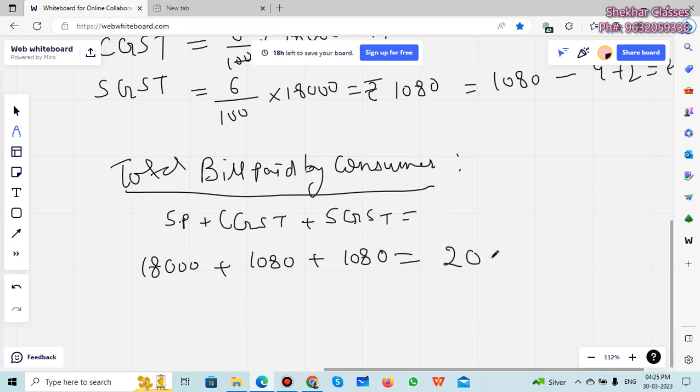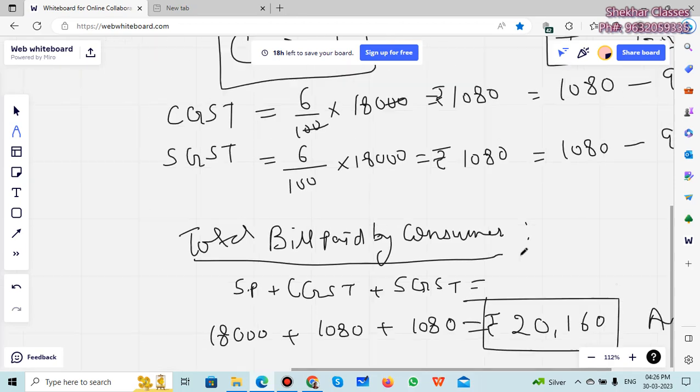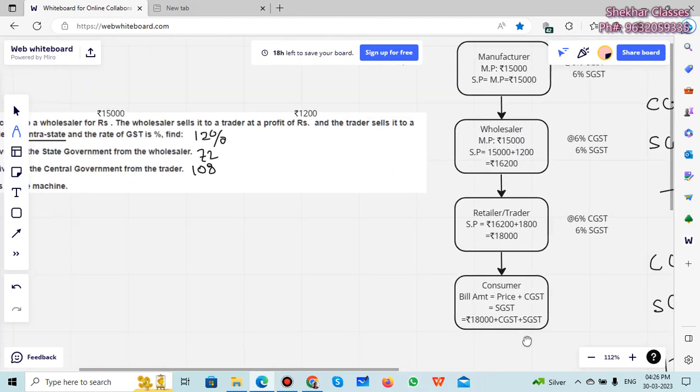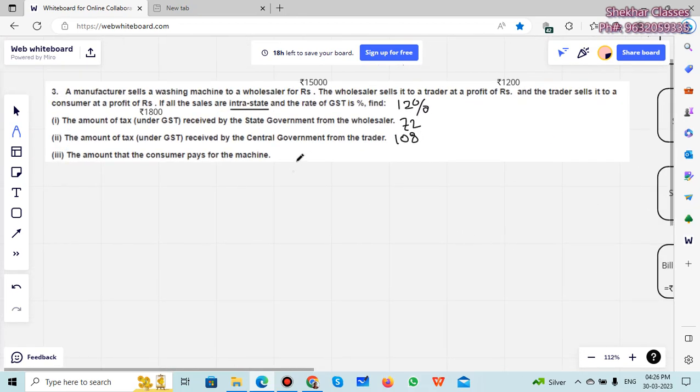This is the total bill, total machine cost plus tax, 20,160 rupees, and this is the answer here.